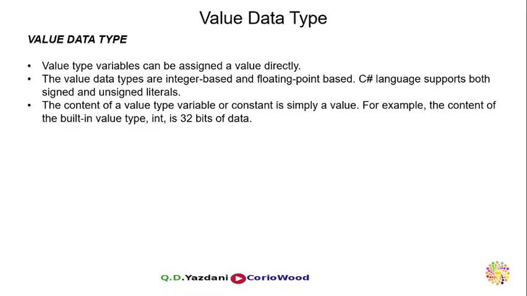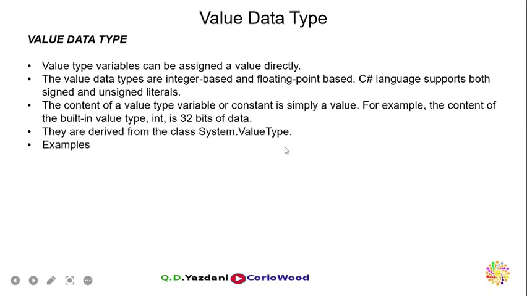Or for example, if it's long, it's 8 bytes. Float is 4 bytes. And a character is 2 bytes, which makes it 16 bits. They are derived from the class System.ValueType. So they are coming from System.ValueType.